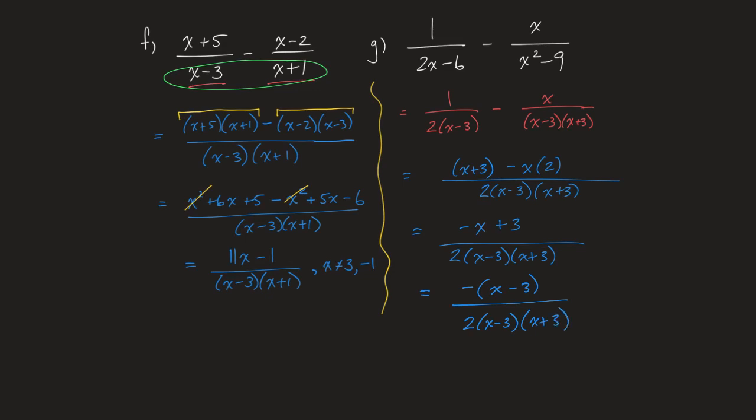And now that my numerator is factored, I can see if I can divide out any more common factors, and I notice that I can actually divide out an x minus 3. Okay, so my blue fraction actually reduced a little further. It reduced to a negative 1 over 2 times x plus 3.